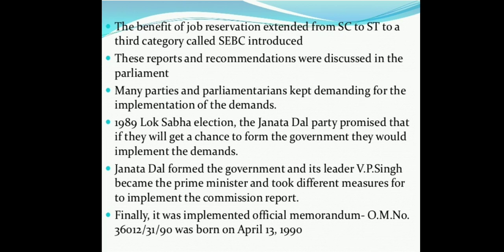That means when the election of Lok Sabha took place in 1989, the Janata Dal promised that if they won the election, whatever demands were asked, they would implement them. After the election, Janata Dal was victorious and they formed the government.